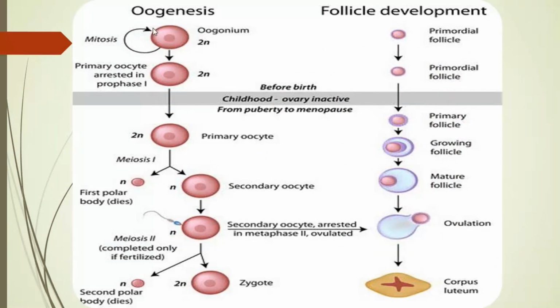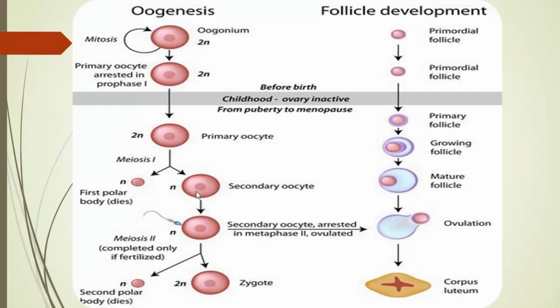Primordial oogonium, which is diploid, develops into a primary oocyte. It is arrested in prophase 1. So the arrest in prophase 1 is at the diplotene stage of prophase 1. Okay, and then this primary oocyte after birth will enter meiosis 2 and will develop into a secondary oocyte.